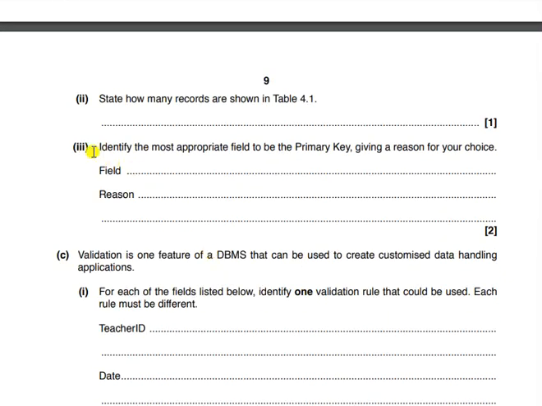Then in the next question, they are asking, identify the most appropriate field to be the primary key. Now the primary key in a database table is a column or a group of columns which uniquely identifies that particular row. A value which will not be repeated for any other row is considered as the primary key.